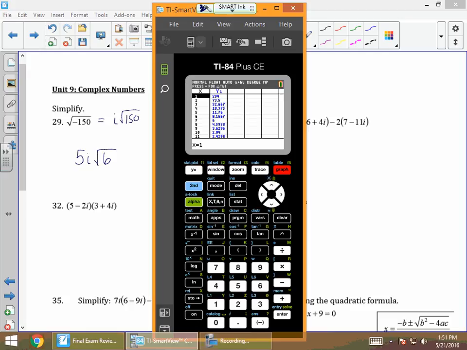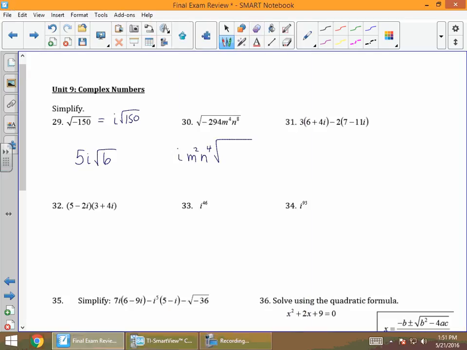So 7 radical 6. You can see 7 radical 6 right there in the middle of the screen. So this will reduce to 7 radical 6, with 7 on the outside and 6 on the inside. So my final answer is 7i m squared n to the 4th radical 6.